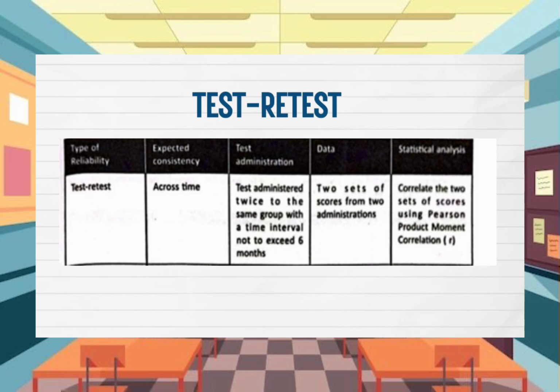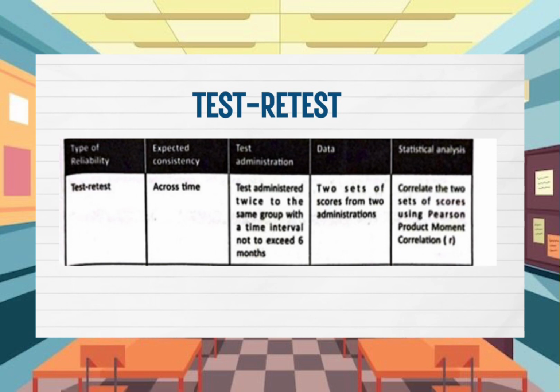Then the test administration: the test is administered twice to the same group with a time interval not to exceed 6 months. The data has 2 sets of scores from 2 administrations. Lastly, the statistical analysis: correlate the 2 sets of scores using Pearson product-moment correlation.